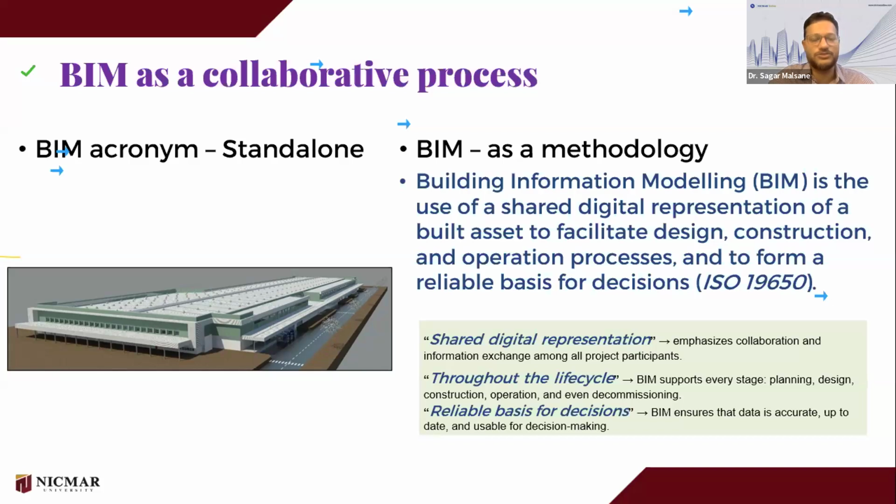That kind of information should be there. When you have that kind of information, then you can refer to it as a building information model.